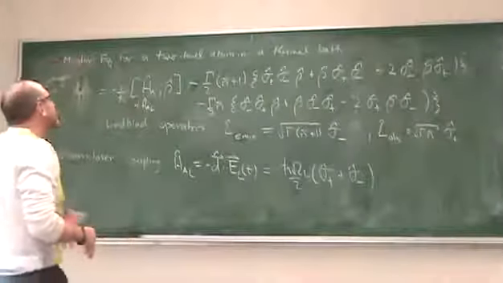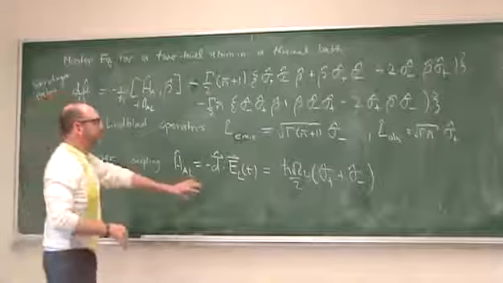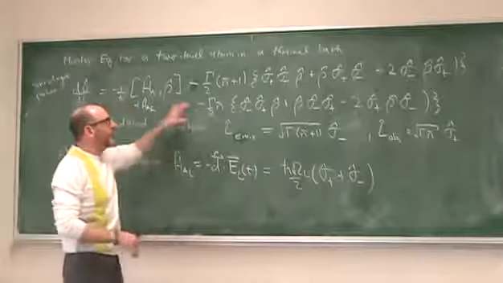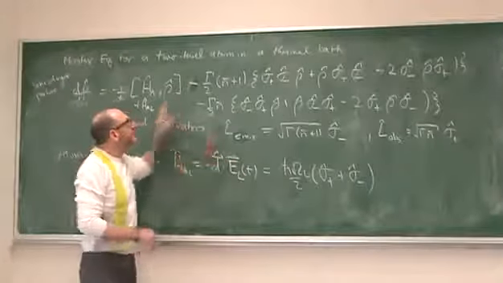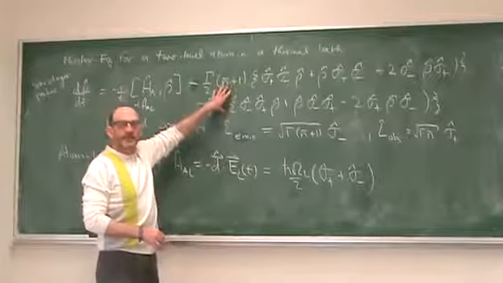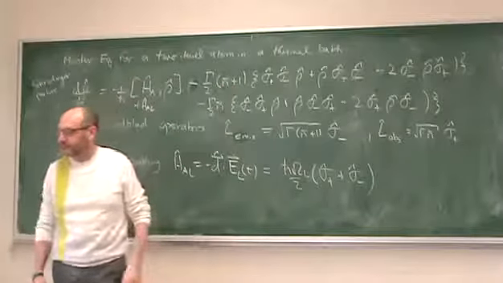I mean, how can I just, at the end of the day, just add this Hamiltonian in without thinking about its effect on the derivation of this?